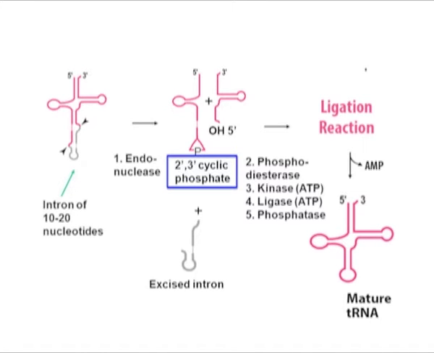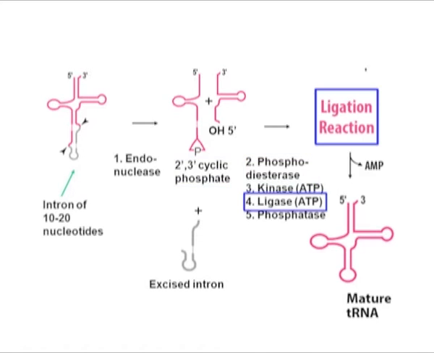The 2' 3' cyclic phosphate is opened by a cyclic phosphodiesterase that produces a 2' phosphate and a free 3' hydroxyl. The final ligation reaction occurs via a nucleophilic attack of the free 3' hydroxyl group on the interior 5' phosphate with the release of AMP.